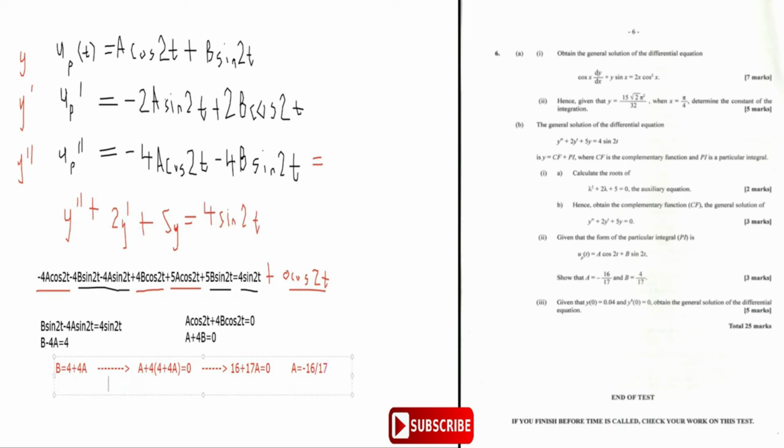Then now we need to find b. Finding b now, b is 4 plus 4a right here. And so b is going to work out to be equal to 4 plus 4 times minus 16 over 17, which is equal to, when we add that, 4 over 17. So we can conclude, hence, a is equal to minus 16 over 17, and b is equal to 4 over 17.